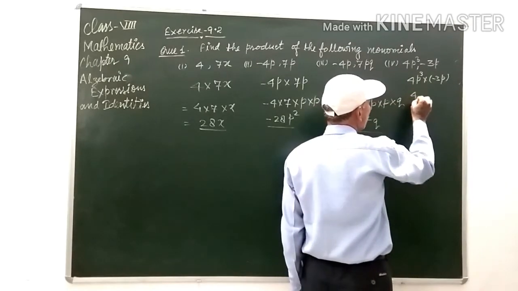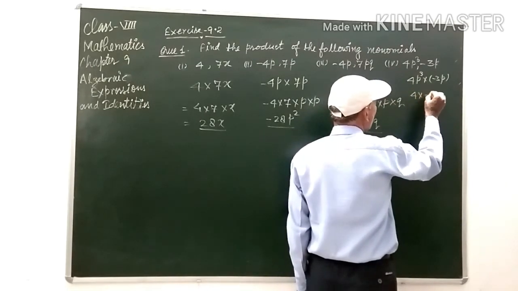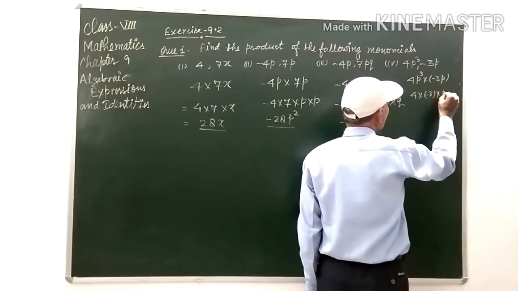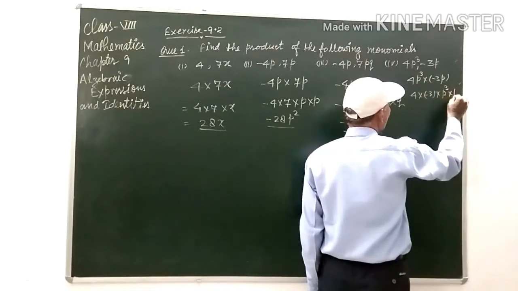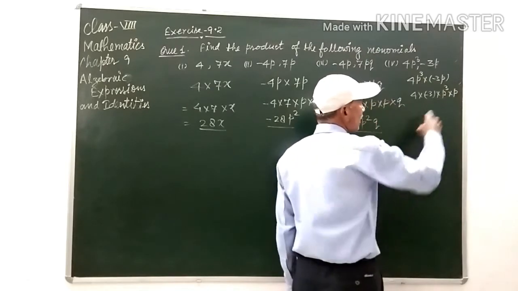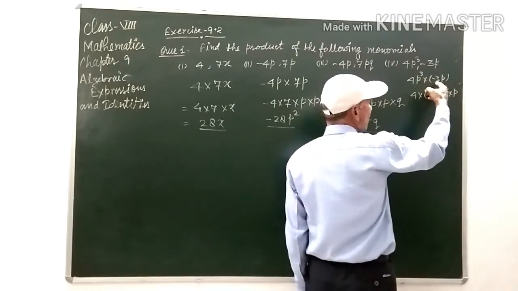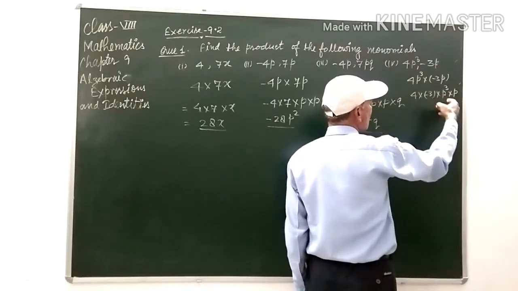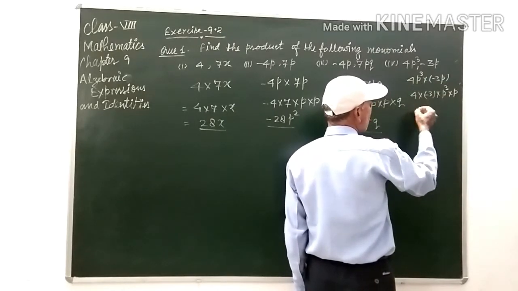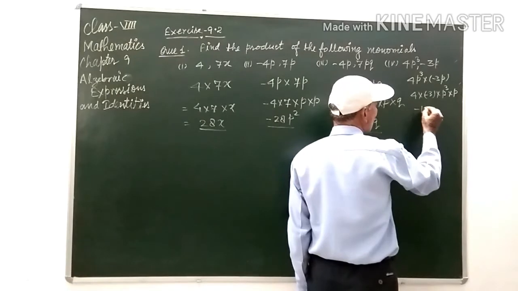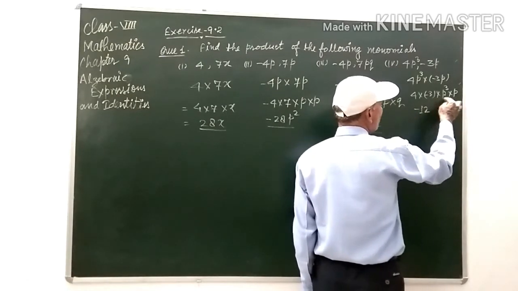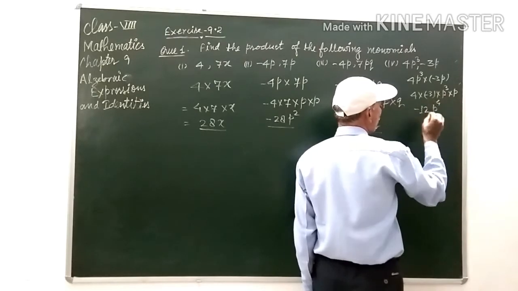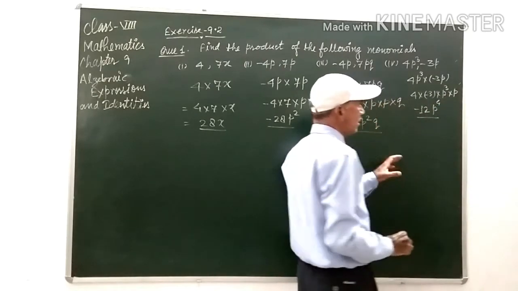So 4 into minus 3 into p cube into p. Clear, students? This one minus 3 and p, this one p cube. So 4 threes are 12, this one minus 12, and p cube into p, that is p to the power 4. This one is the answer.